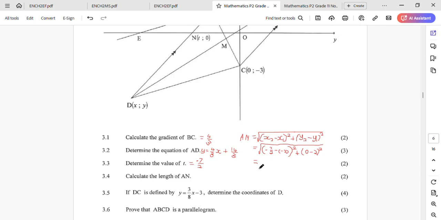This one is tough, but I'll try. It's 4 that side. This side it's minus 7 plus 4, that is 3/2. That's minus 3/2. Square that.